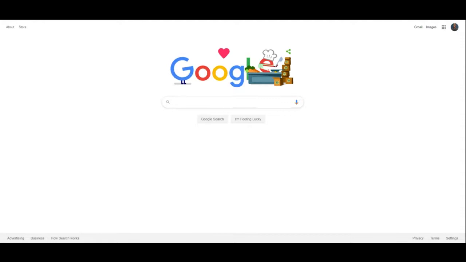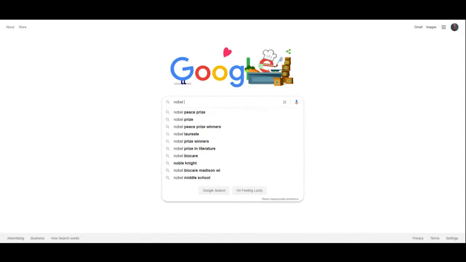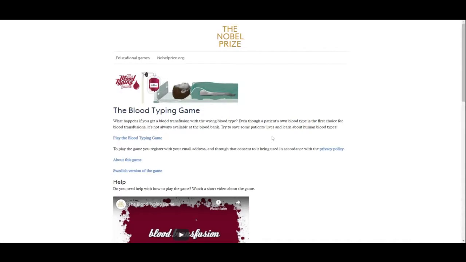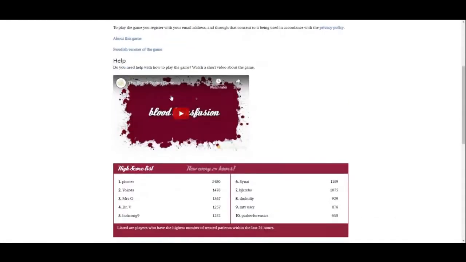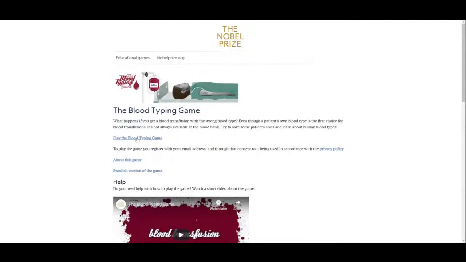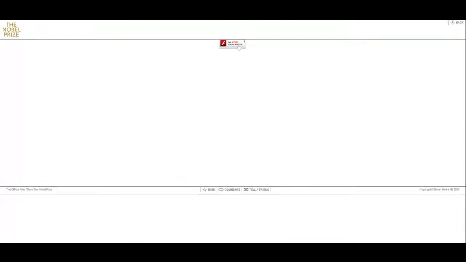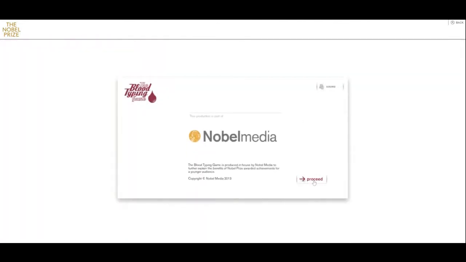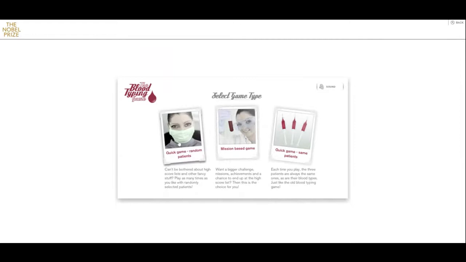And I have a link to it from Blackboard, but you can also get to it by searching Nobel blood typing game. Okay, play the blood typing game. And it'll literally illustrate the basic principles that I just talked about, as you'll see in just a second. This is by far the coolest educational game I have ever come across.